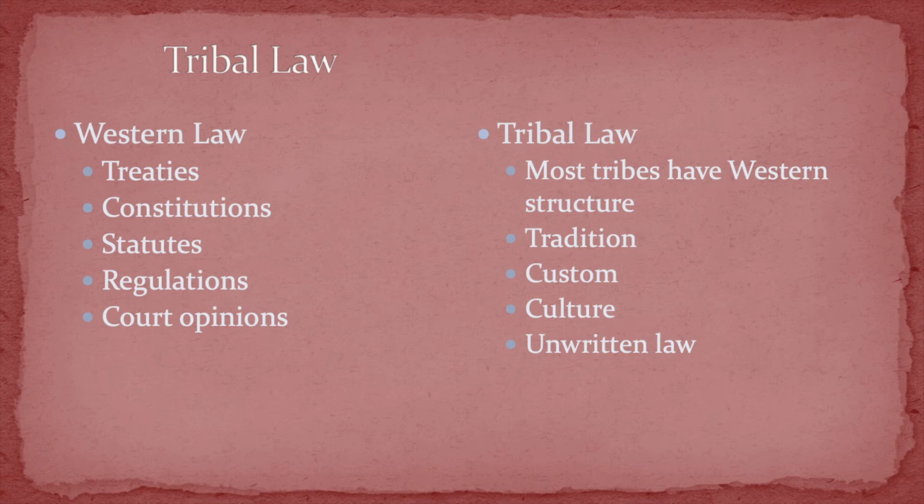Fortunately, most tribes now have gone back, and we'll talk about the Indian Reorganization Act, where many tribes did create constitutions, have gone back and actually put in tradition, custom, and culture, and still have unwritten law. And that's okay, even though other entities, political, governmental, over time, did not recognize those as legitimate expressions of sovereignty. This comes into play as we go over the federal policy timeline.